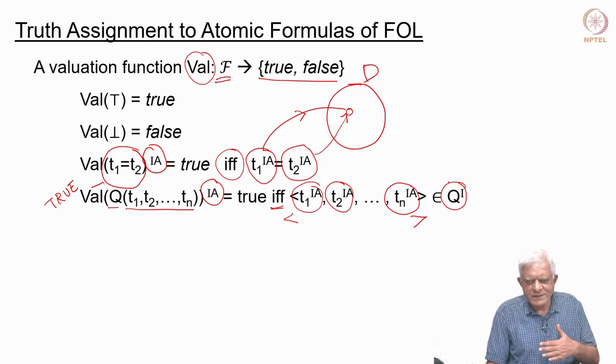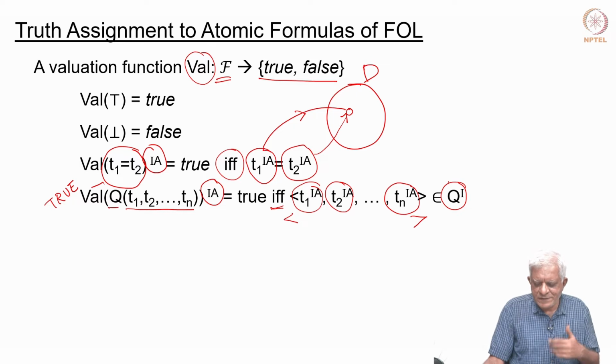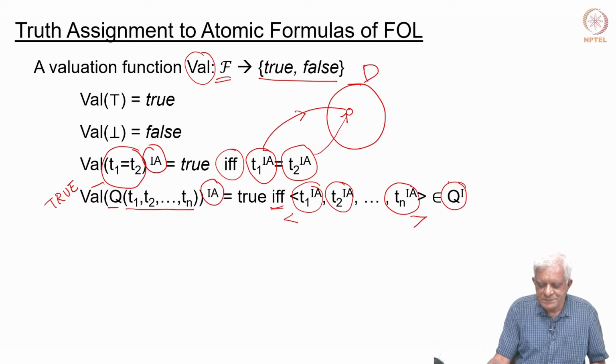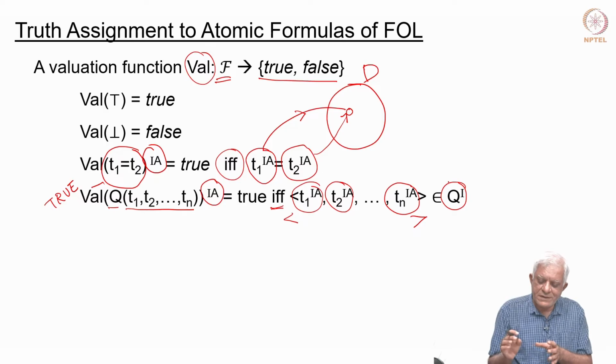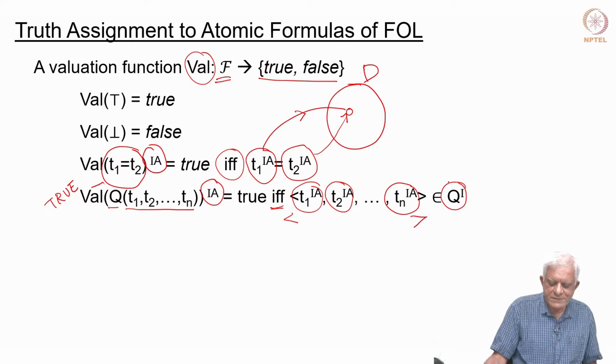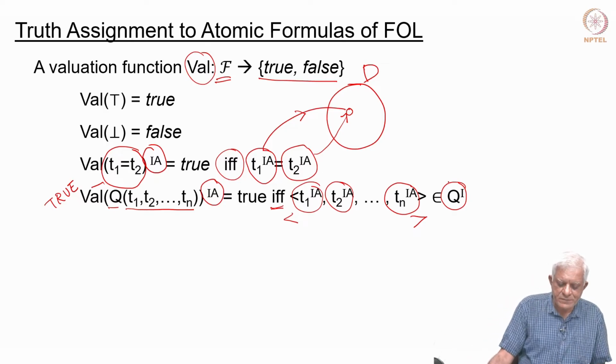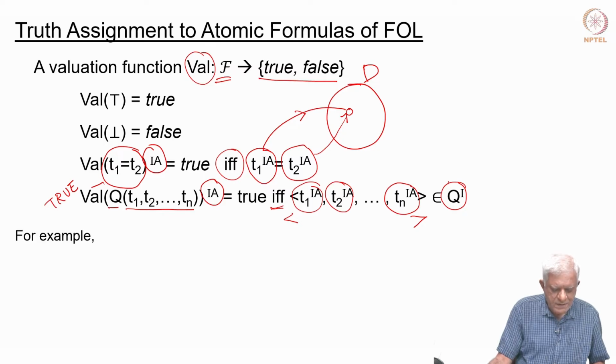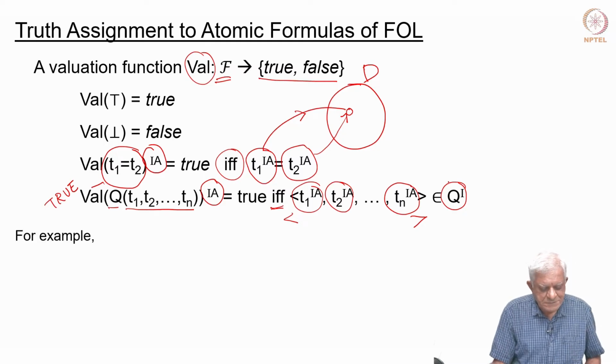That image is a relation and the relation is a subset of D cross D cross D, n times, if you remember essentially. So, essentially an atomic formula which uses the predicate symbol is true if it corresponds to a tuple which is present in the relation. So, here are some examples here.